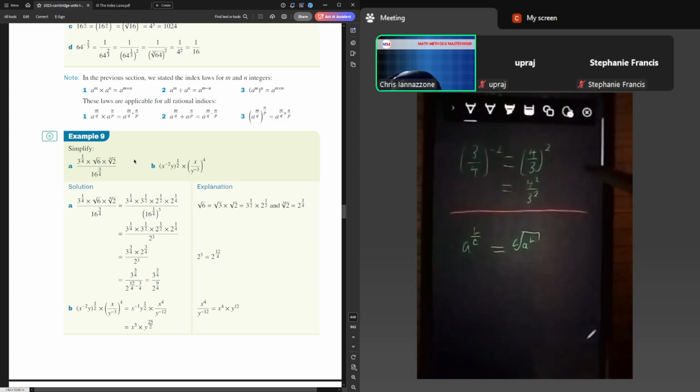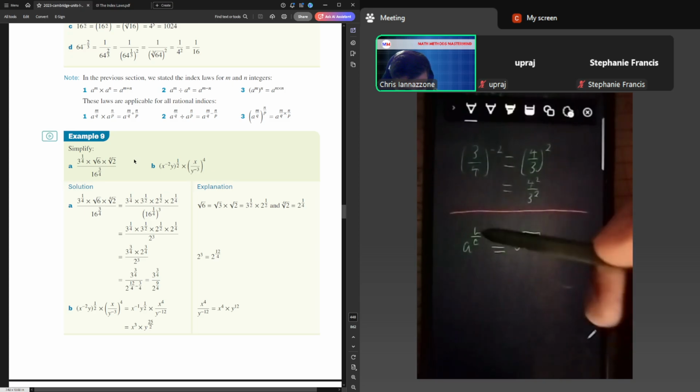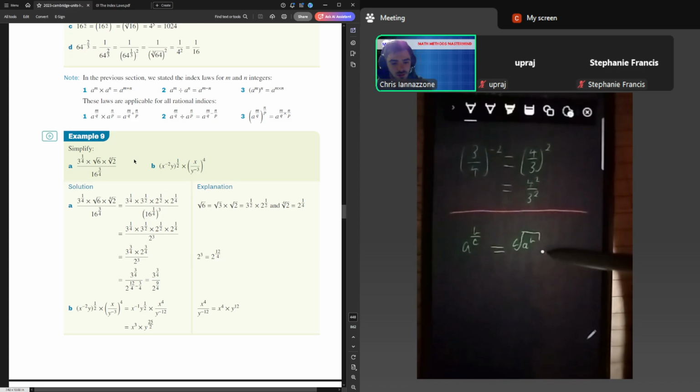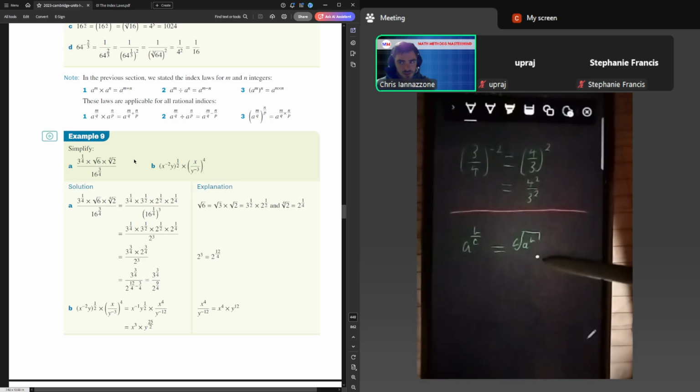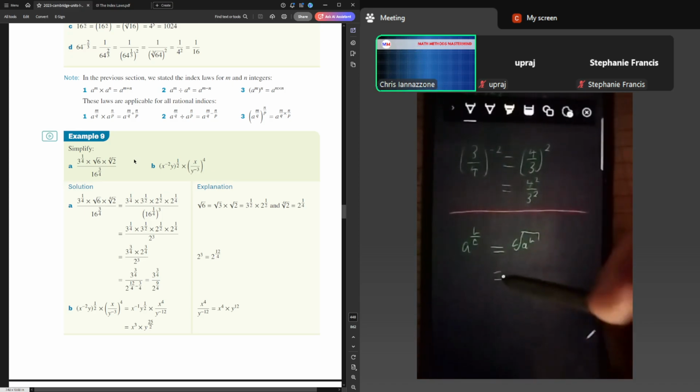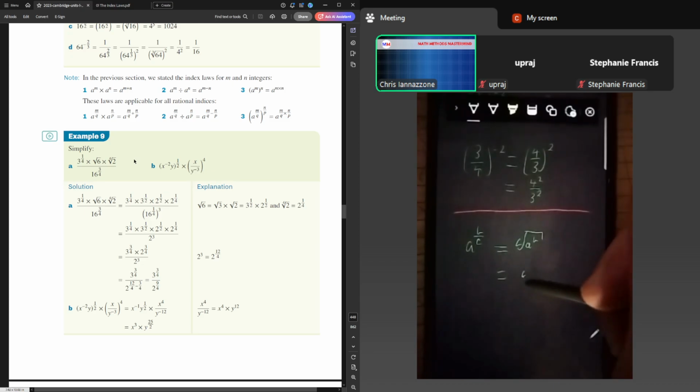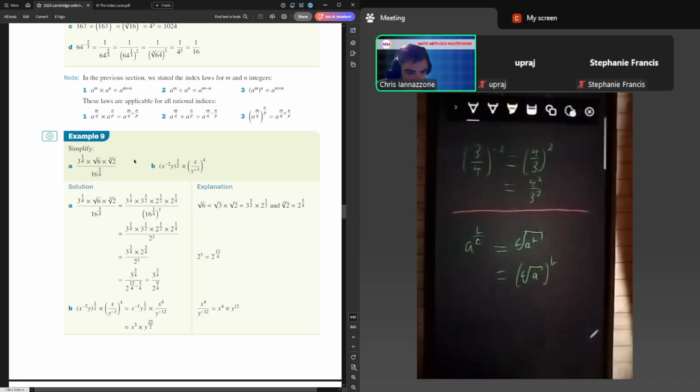Basically, whatever the denominator is, that's the root of your index, and whatever the numerator is, that's the power of the base. This is probably the nicest way to write it, but it's inversely the hardest way to actually solve it. Usually it's easier to do the cth root of a and then raise that to the power of b. And we'll see why with an example.